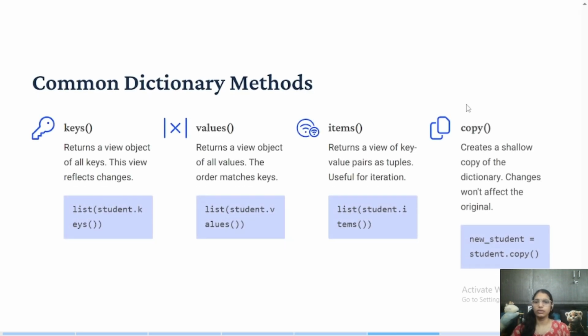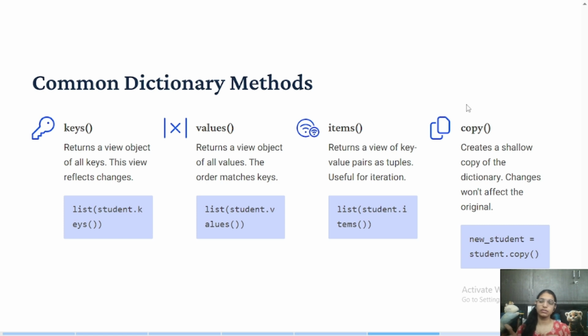Next we are going to see the common dictionary methods, like keys, values, items, and copy. Keys returns a view object of all keys. This view reflects the changes.